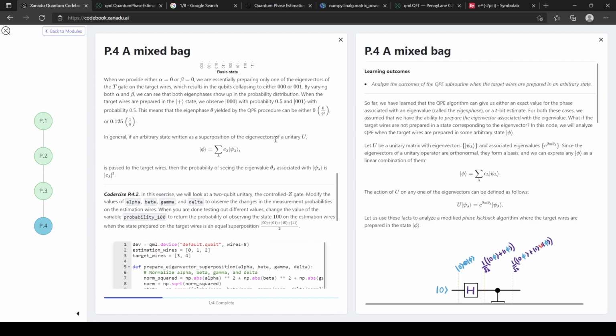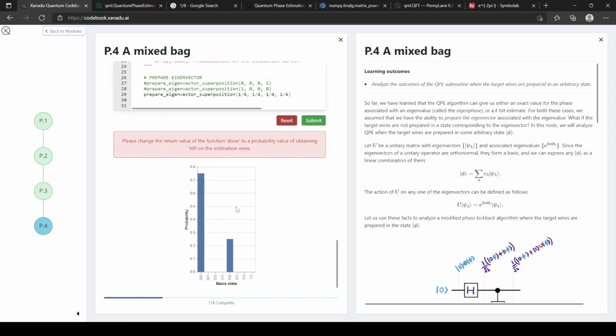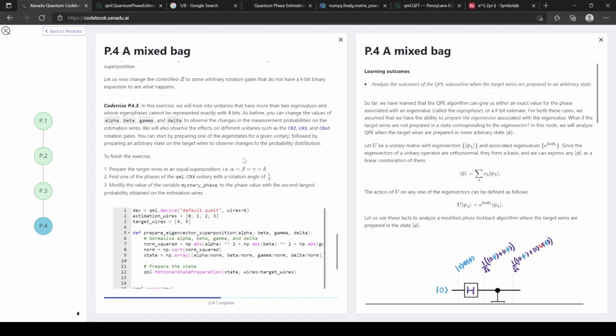Modify the values of alpha, beta to observe the changes. When you're done testing out, change the value to return the probability of observing the state 1, 0, 0. Okay, I'm very not paying attention. There we go. My bad. I was not paying attention.